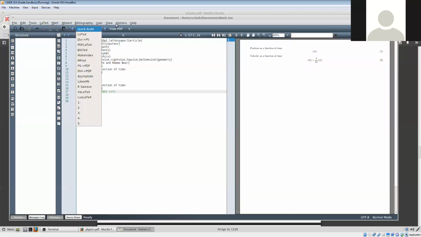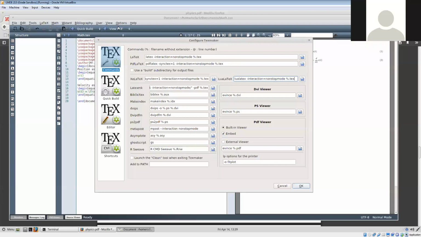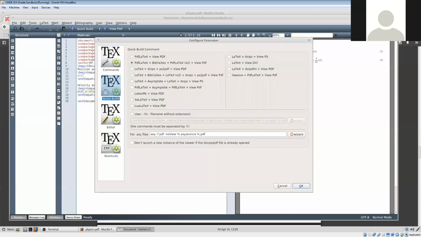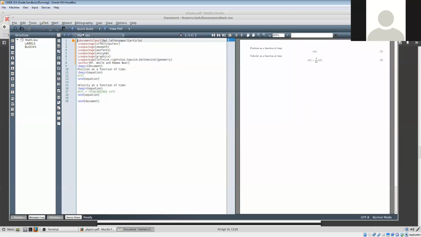My quick build is configured differently, so I'm going to set it to go back to just PDF LaTeX and then view PDF, because I don't have any citations here, so I'm not using BibTeX. There we go. So here's the derivative of x with respect to, I don't want x, I want t.